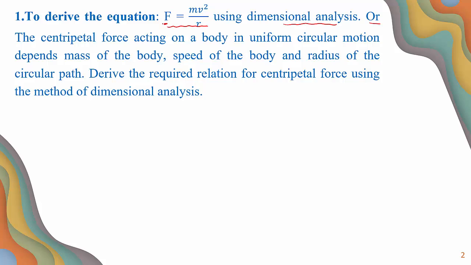This centripetal force acting on a body in uniform circular motion depends on the mass of the body, the speed of the body and the radius of the circular path.